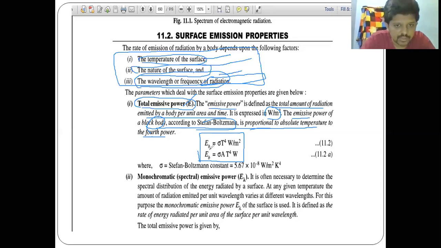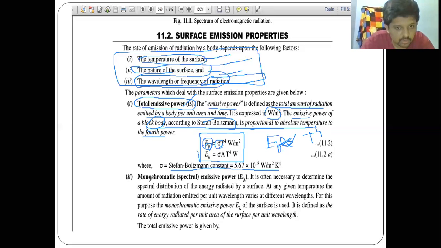If you see, Eb is the emissive power or total emissive power, b represents the black body. That means this total emissive power of a black body is always proportional to the absolute temperature to the fourth power, that means T power 4. To remove this proportionality, we have a constant, sigma, which is the Stefan Boltzmann constant, whose value is 5.67 into 10 power minus 8. That is your total emissive power.